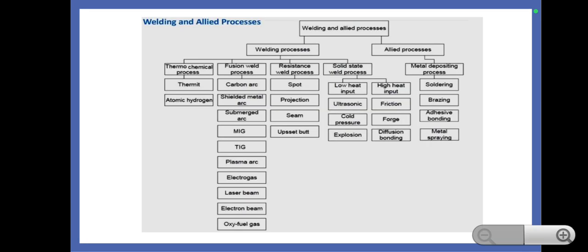The figure shows welding related processes and allied processes. As we already came across the types of welding process, the allied processes are somewhat related to welding, such as metal depositing process, soldering, brazing, adhesive bonding, and metal spraying.